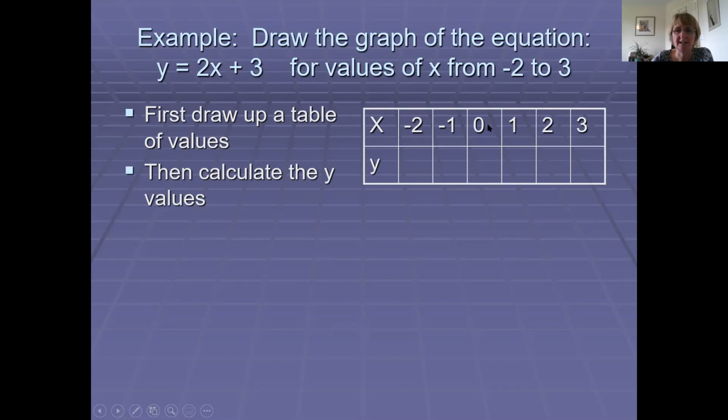Maybe the naught would be an easier place to start. So if I do 2 times 0, that's 0, add 3 is 3. So that value that's going to go here should be 3.